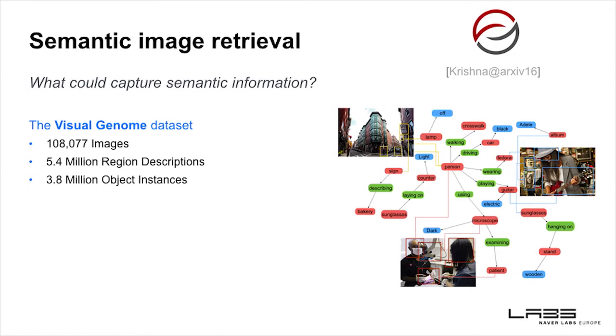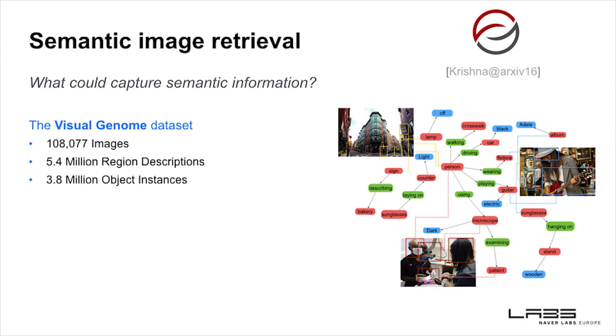Okay, we've seen that people kind of agree on this task. Now, what can capture this semantic information? If we want to automatically guess if two images are similar or not semantically, what can we use? So then that's the second study we did. We did a study on the visual genome dataset. It's a nice one because it has 100,000 images, so it's fairly large.